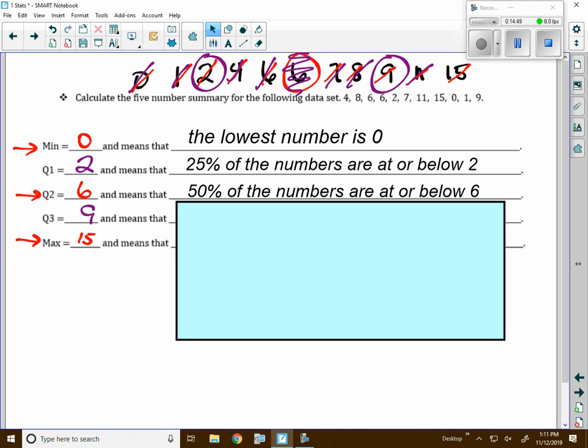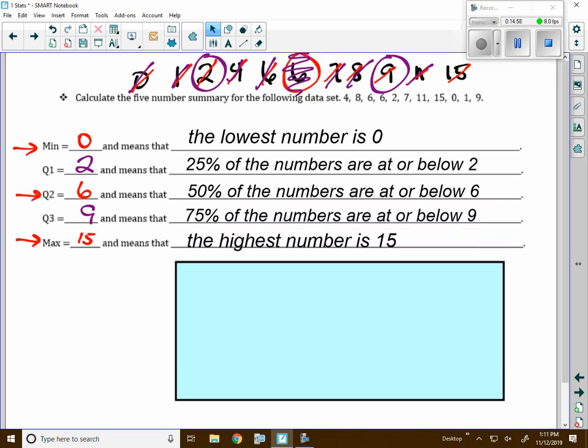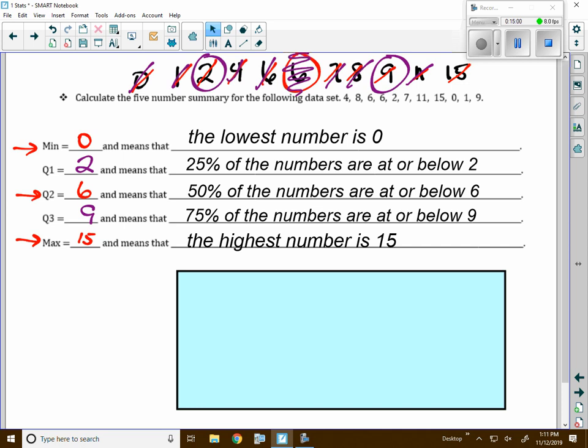Because it's 50th percentile, our Q2 was 6. Okay, the rest of them, 75th percentile, 75% of the numbers are at or below 9. And then obviously the max are high numbers.